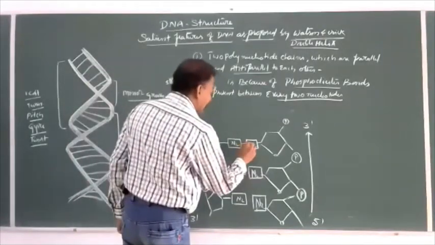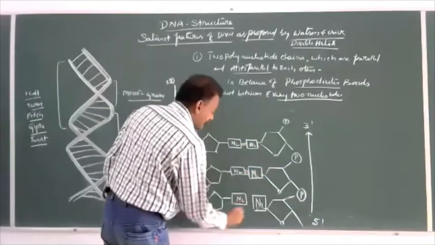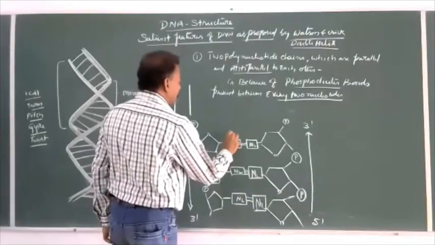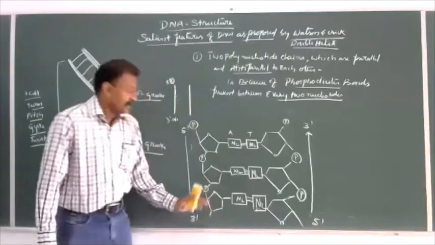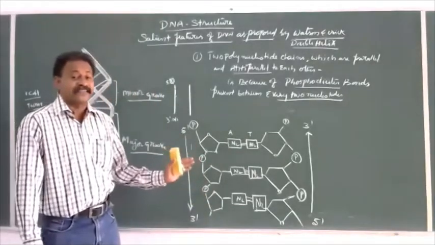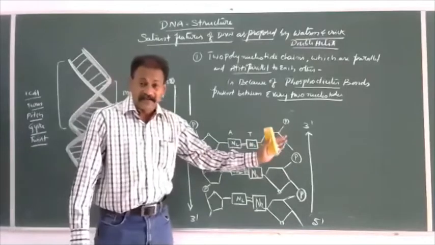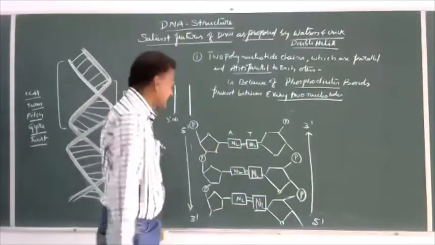And here, in between the bases, hydrogen bonds are formed. For example, if adenine is there, it should bond with thymine. So the conclusion of Watson and Crick was that the two polynucleotide chains are bonded through N2 bases.